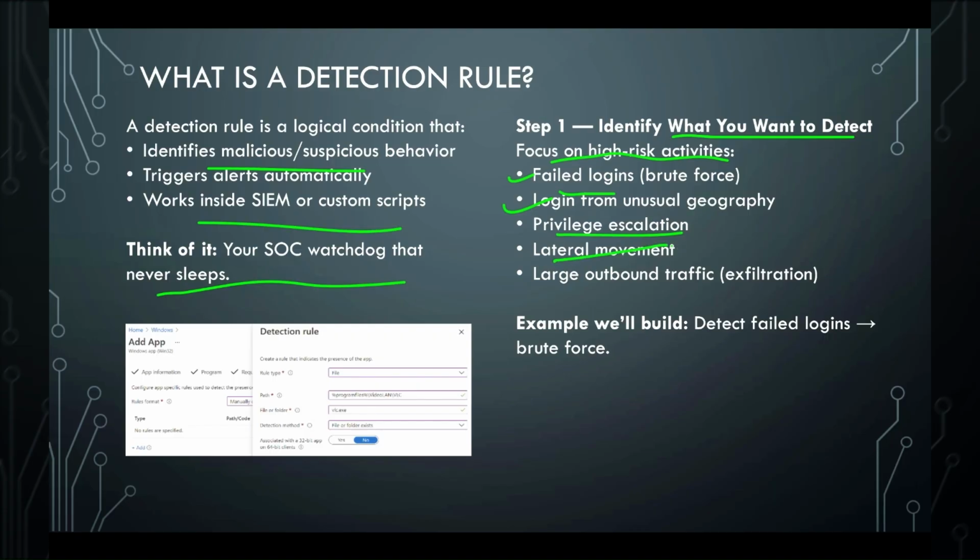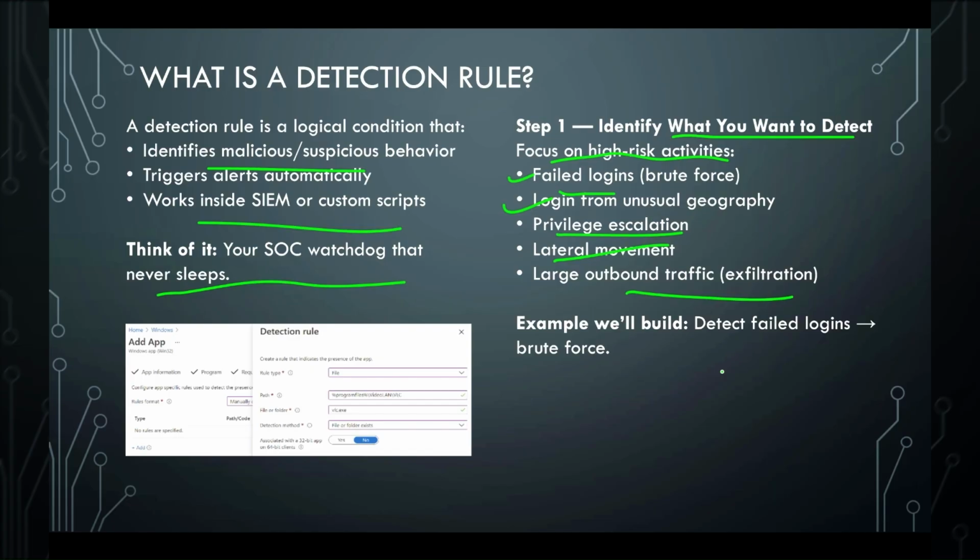And then lateral movement, which is also very important, like accessing sensitive files or suddenly accessing many files, or creating admin users or accessing multiple systems. Then large outbound traffic like exfiltration, so outbound traffic to an untrusted IP address for data exfiltration. Once you have identified a high risk activity, you can build a detection rule around that.